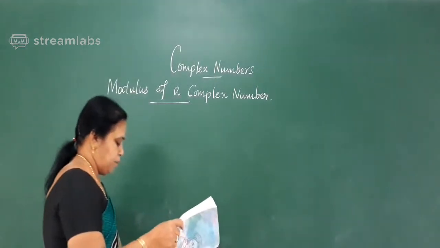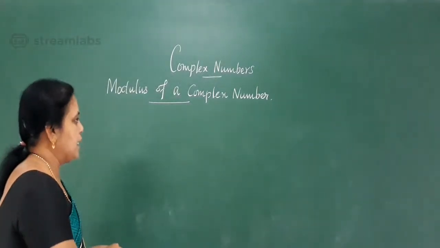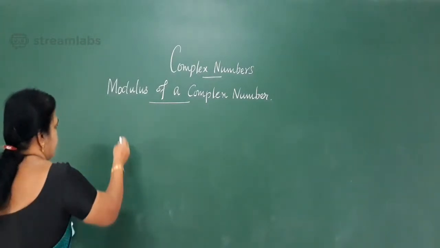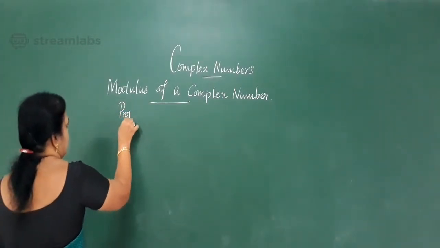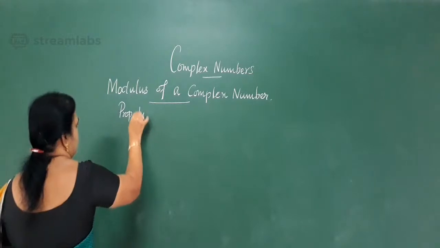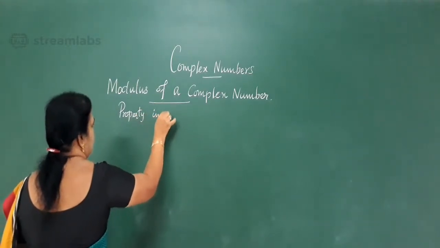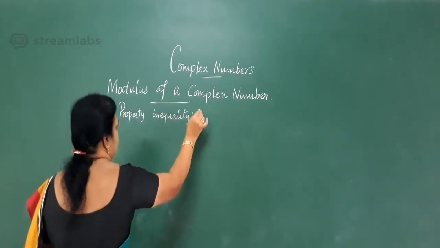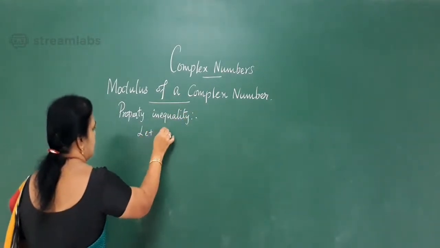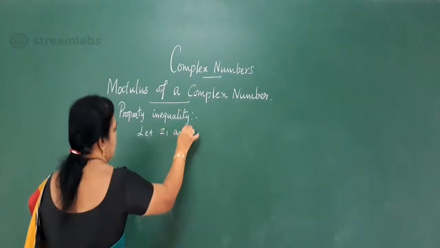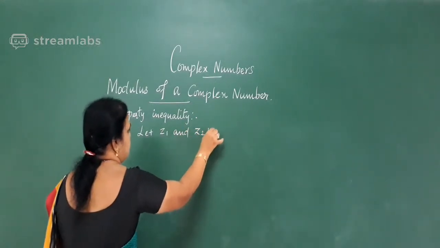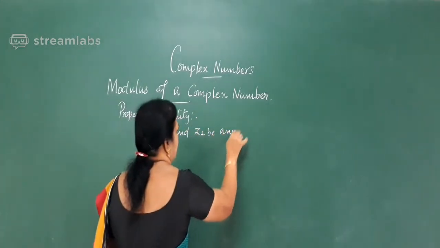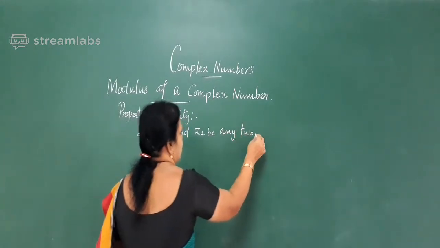First one, the property triangle inequality. Let z1 and z2 be any two complex numbers.